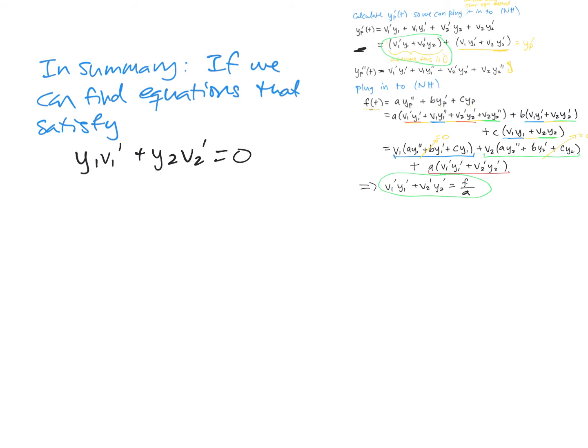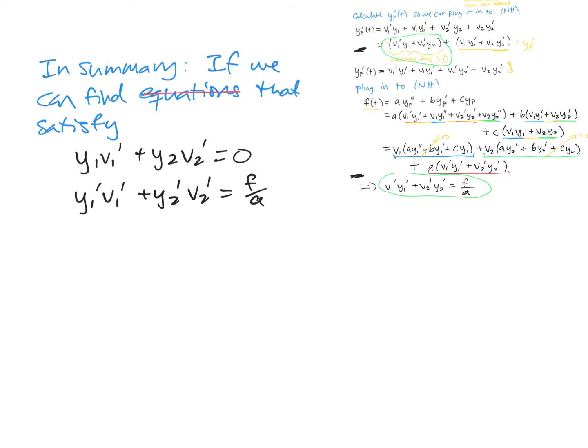I just wrote it in a different order. And y1 prime v1 prime plus y2 prime v2 prime equals f over a, which is this one here.